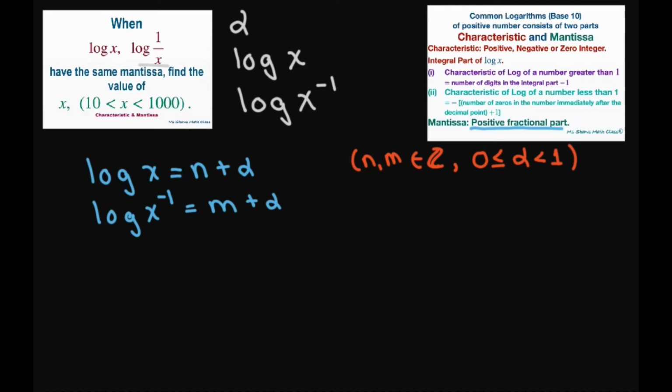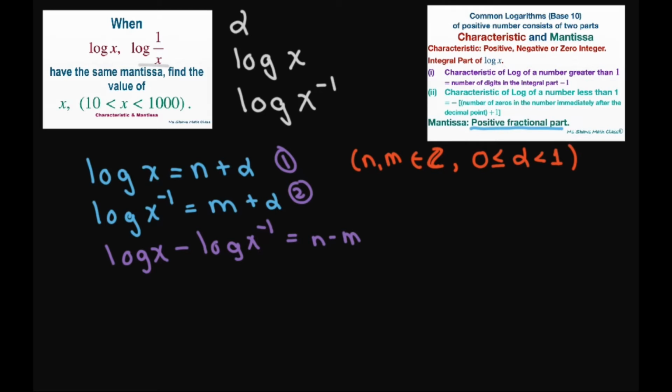Now let's call these equations 1 and 2. If you take equation 1 minus equation 2, we get log of x minus log of x to the power of -1 equals n minus m.